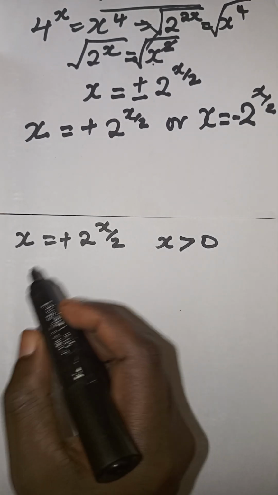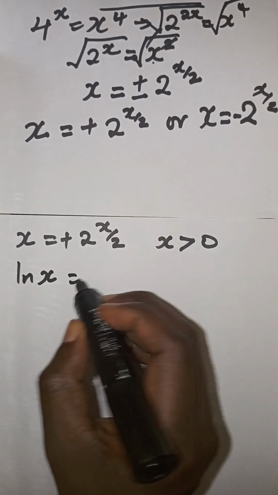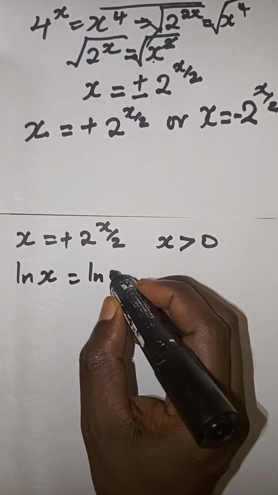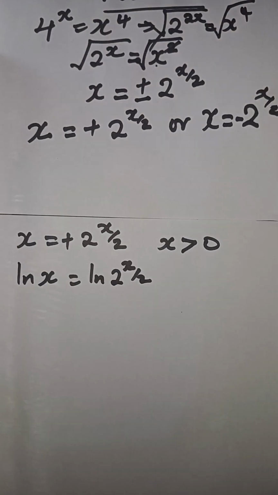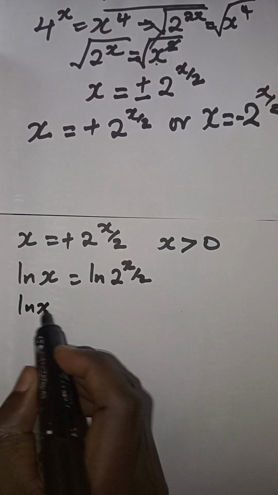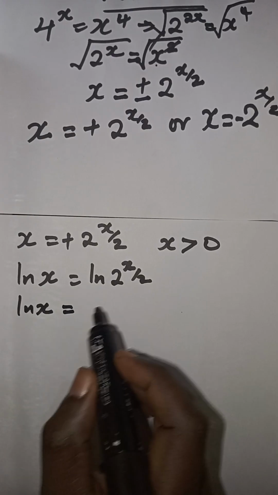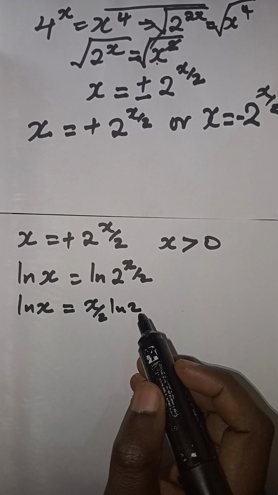So the first step, I'm going to introduce the ln on both sides so that I have the ln of x is equal to ln of 2 raised to power x over 2. So it shall be ln of x is equal to x over 2 times the ln of 2.